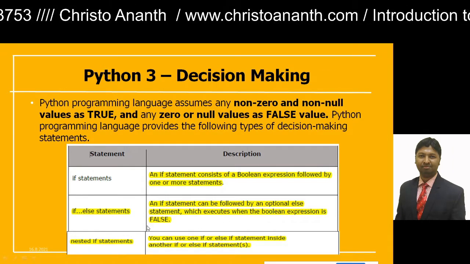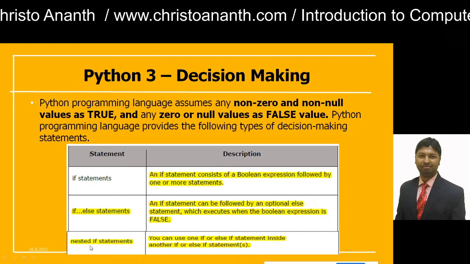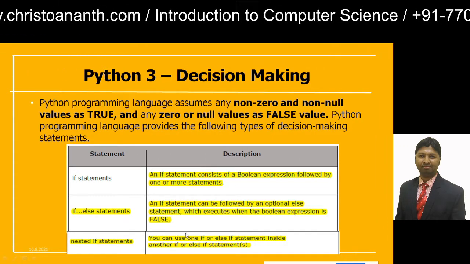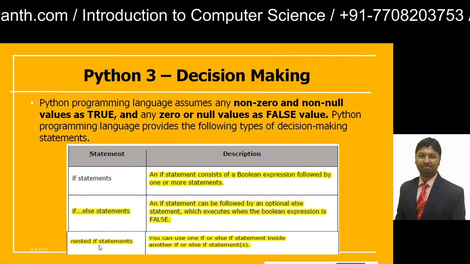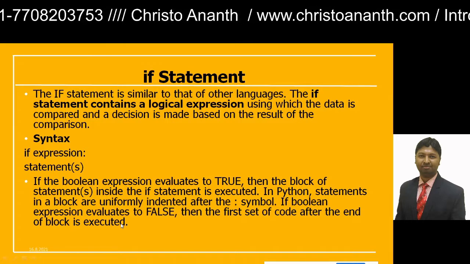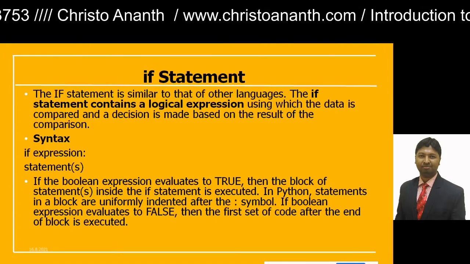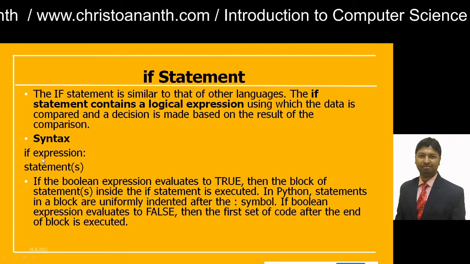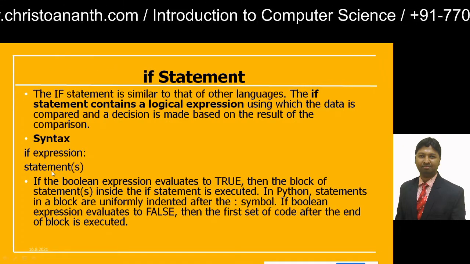Okay, so this is the if else statement. And then the nested if statement: one if statement within another if statement, you call it the nested if statement. In the case of the if statement, just like C or C++, the same expression follows because you have the syntax if expression, then statements.